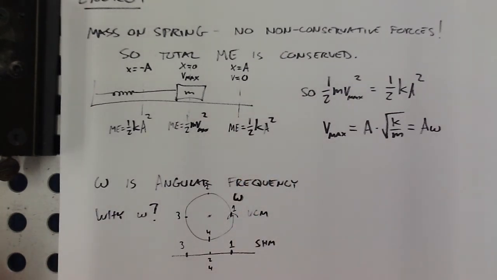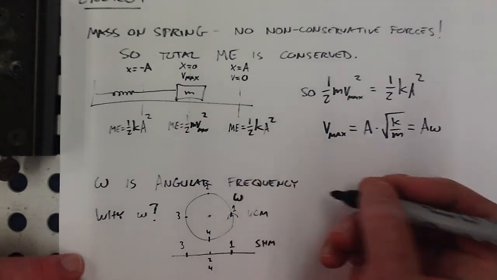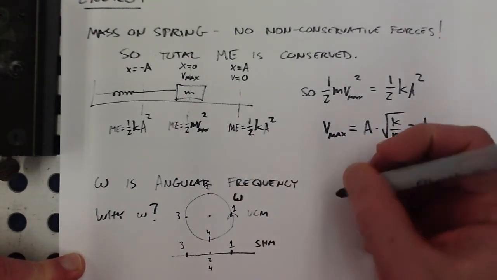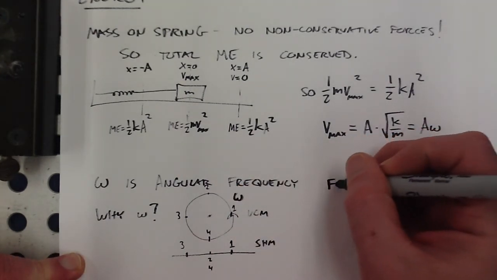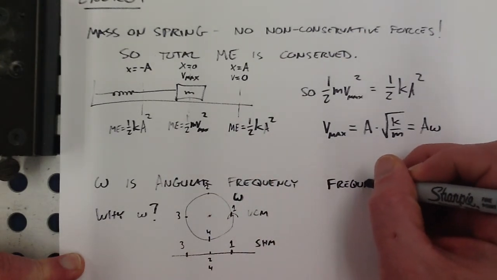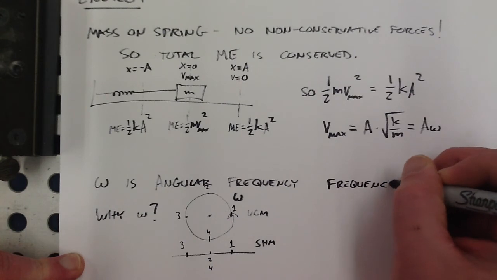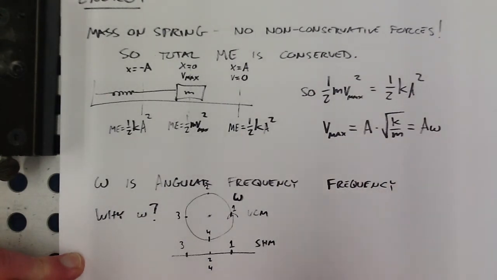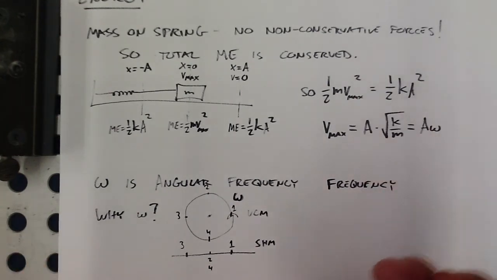And the last thing that you need to know is that the frequency of something, in general, not its angular frequency, but its frequency. Frequency is like how often something happens. So, for example, what is the period of the Earth going around the Sun? That's about 365 days.